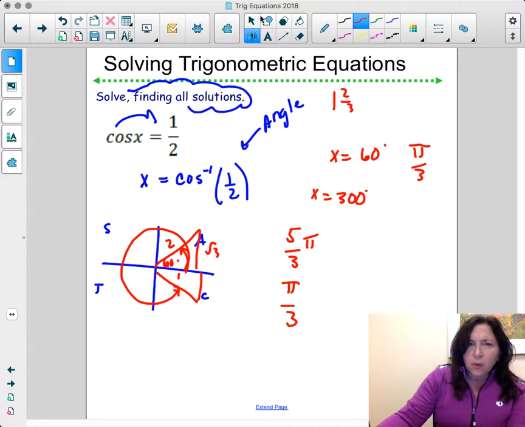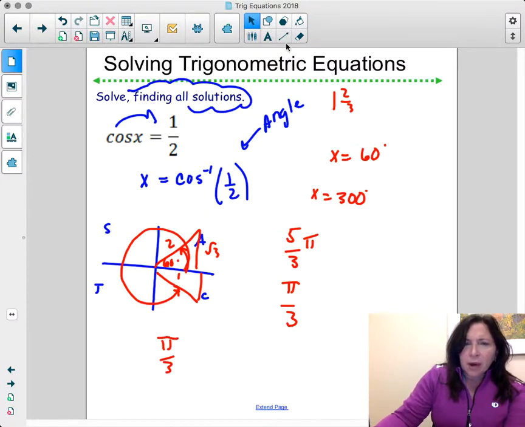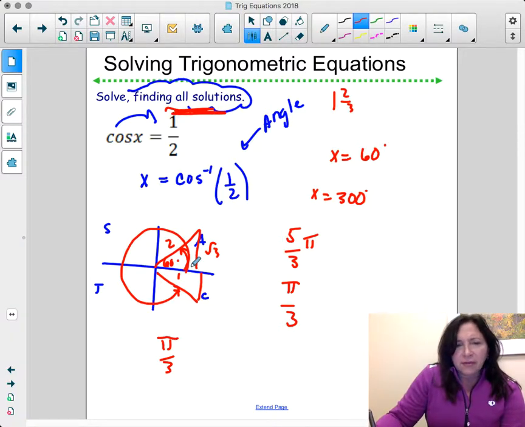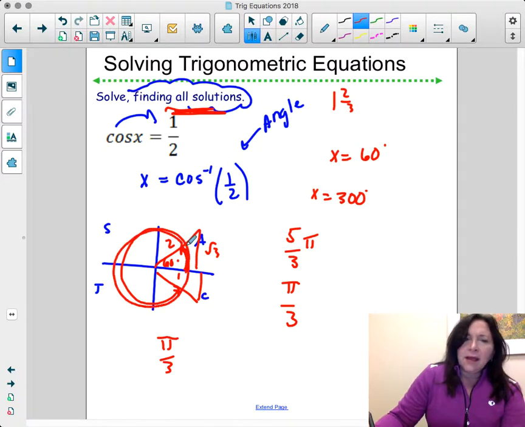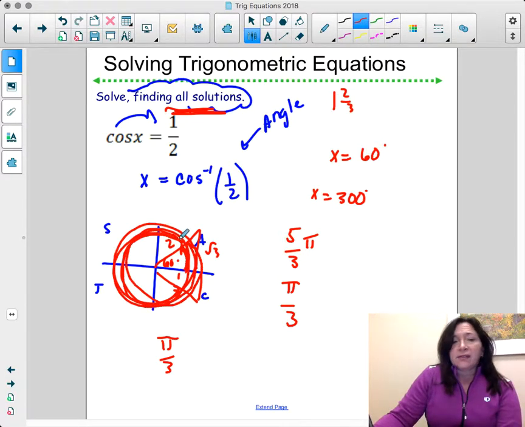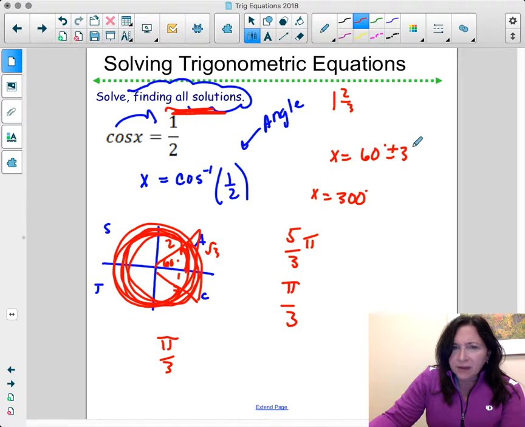What I want to talk to you about is this. When we're doing these problems and I want to find all the values, every single solution, that means I'm going to find this value from here to here, and then again after 360 degrees, and then again, and then minus. So if I want to find all solutions, this is going to be plus or minus 360 degrees n.